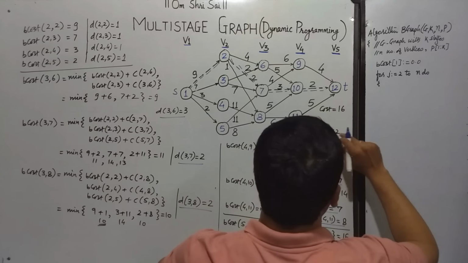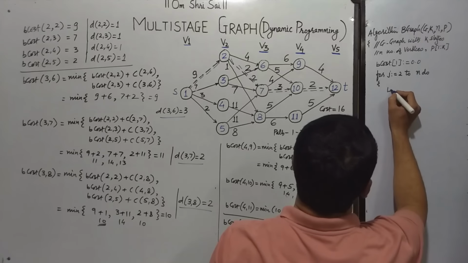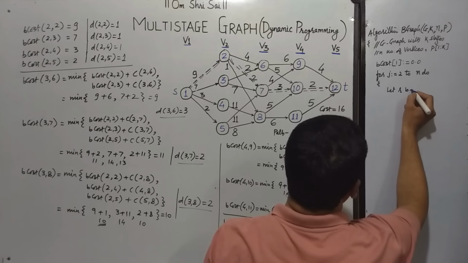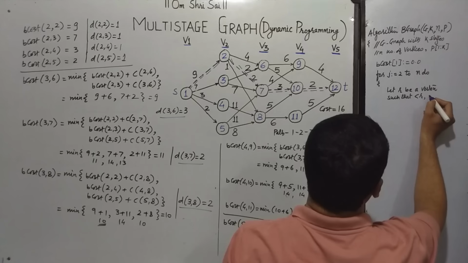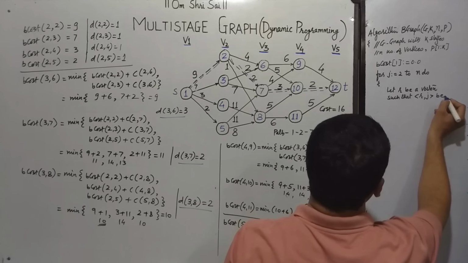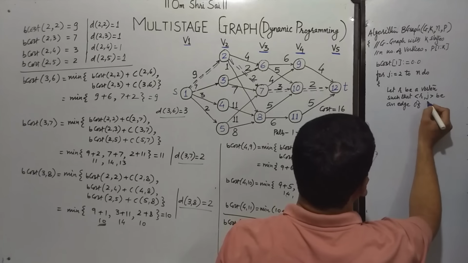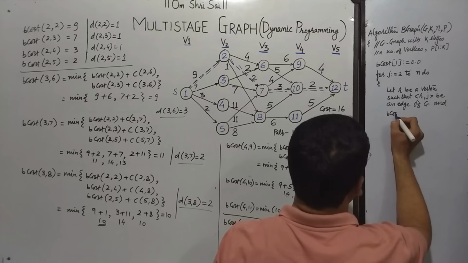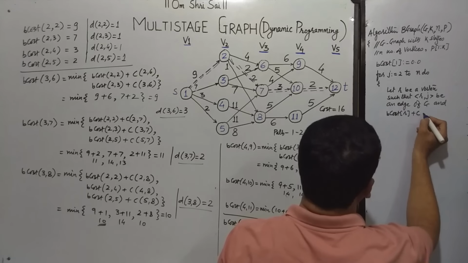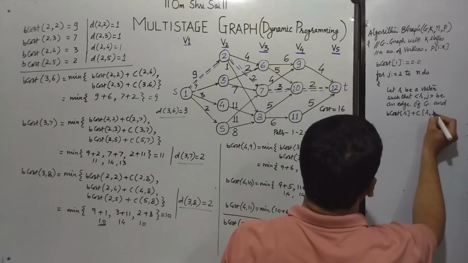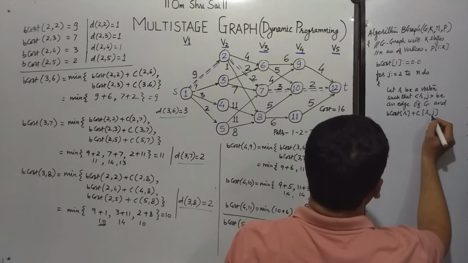So we'll calculate that. So let us start with, let R be a vertex such that R comma J be an edge of the graph, and B cost of R plus C of R comma J, this should be minimum.